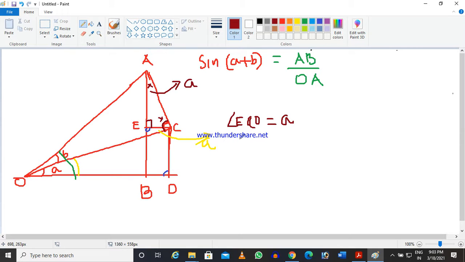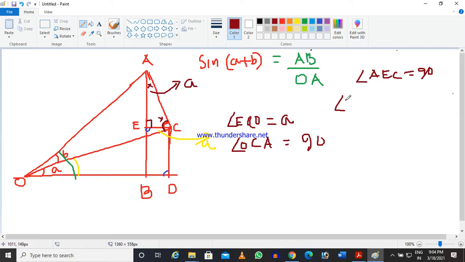Now angle OCA is equal to 90 degrees, and as we drew, the angle AEC is also 90 degrees. So the remaining two angles of the triangle AEC must add up to 90 degrees, because the sum of the three angles of a triangle is 180 degrees.